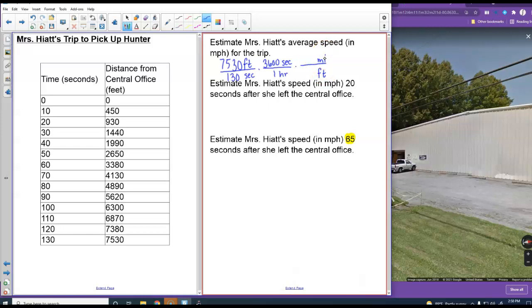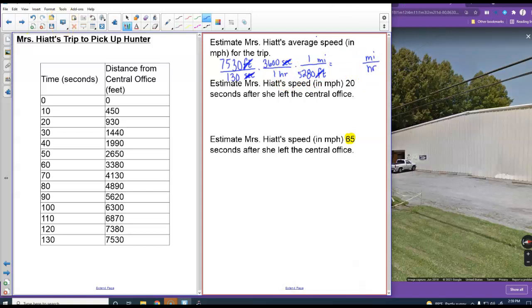How many feet are in a mile? 5,280. All right, so feet is on top. It cancels with the feet on the bottom here. Seconds is on bottom. It cancels with the seconds on top here. That leaves you miles on the top and hours on the bottom. So that means your answer is going to be in miles per hour.